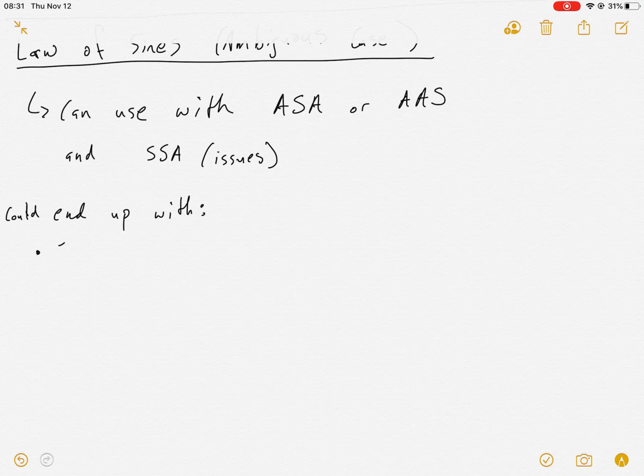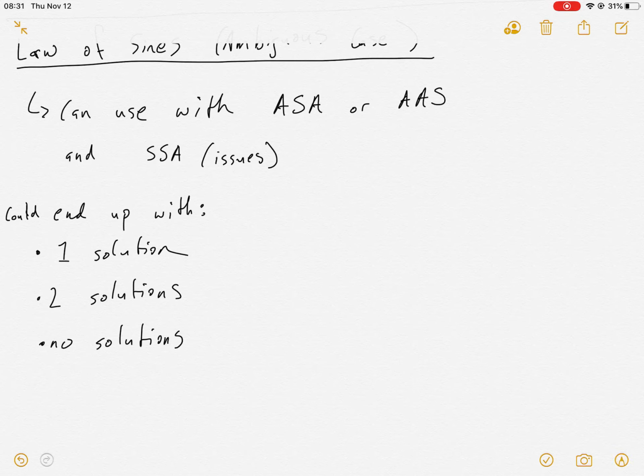We could end up with one solution. We could end up with two solutions. Or we could end up with no solutions. And that's because if you're given a side-side angle, so for example, let's say I have this side is given, and then let's say this side is given.